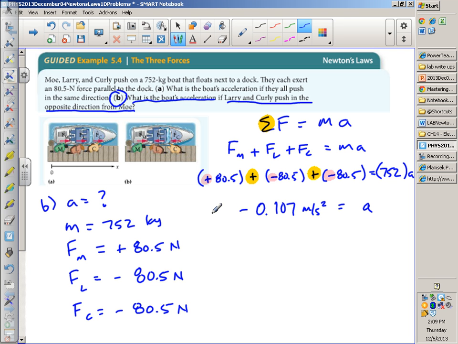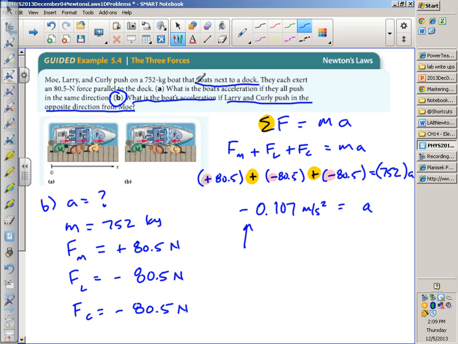First, this came out as a negative acceleration, right? Does that mean the boat is slowing down? Not necessarily. In this case, if the boat is floating next to the dock, without saying that, they are implying that the boat is at rest.